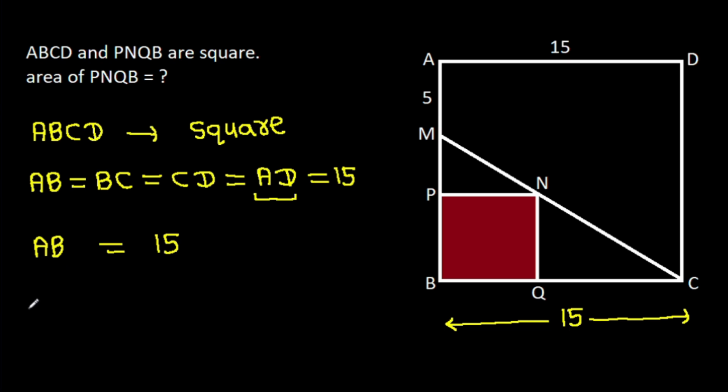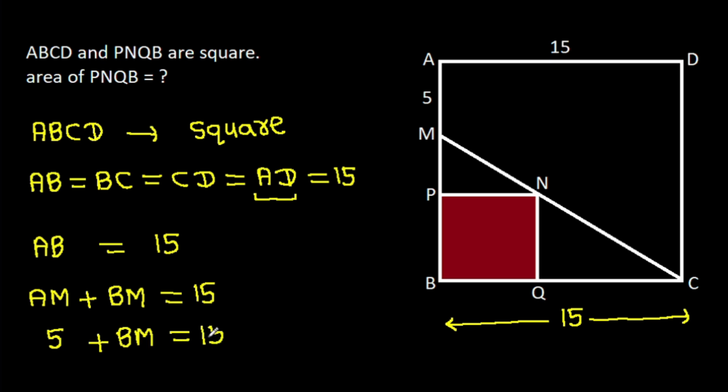AB is AM plus BM, it is 15, and AM is 5 plus BM is 15. So BM will be 15 minus 5, that will be 10. So BM is 10.